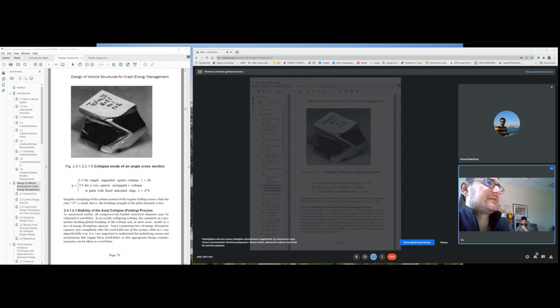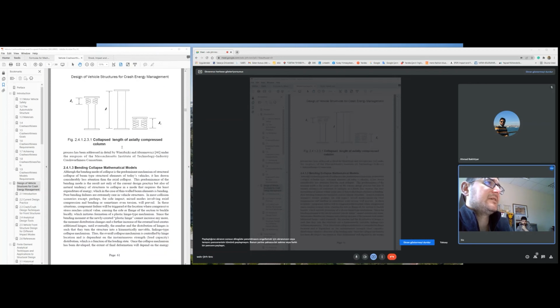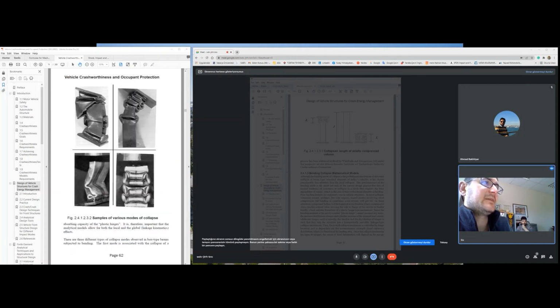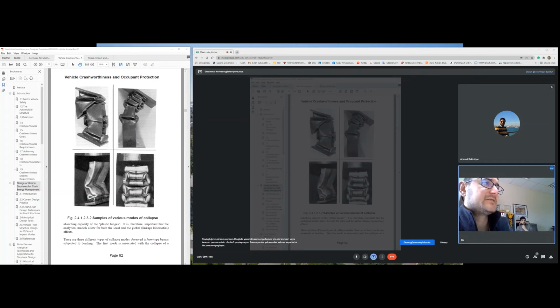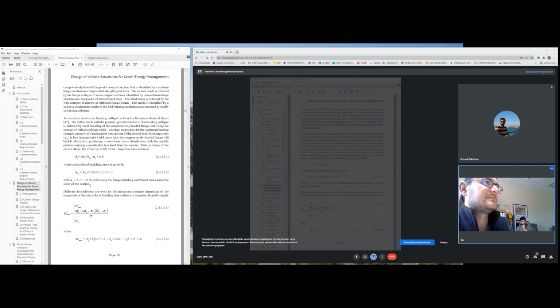Some basic descriptions of it, and defining the energy because of absorbing the shock energy of the impact scenario. Bending collapse of mathematical models, these are very important also. You can face different buckling or bending impact results.